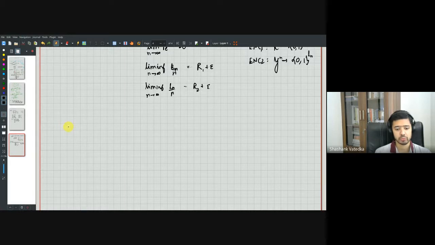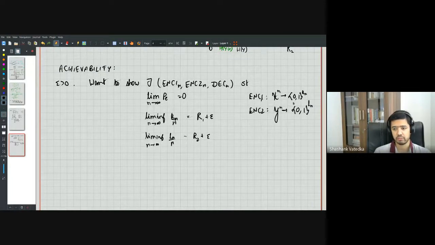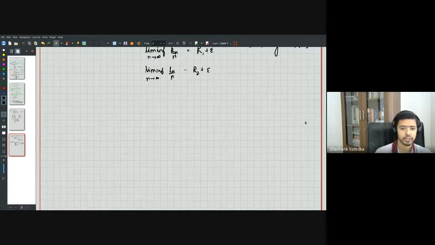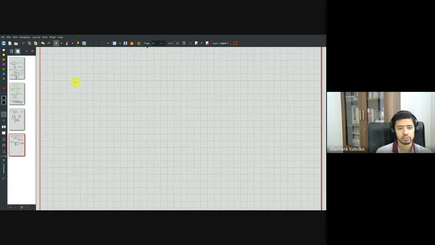Now let us see what the compressor has to do. So the compressor is basically a function from xn to 0, 1 to the kn, and encoder 2, the compressor 2, is a function from yn to 0, 1 to the ln. So basically a compressor essentially is the following.